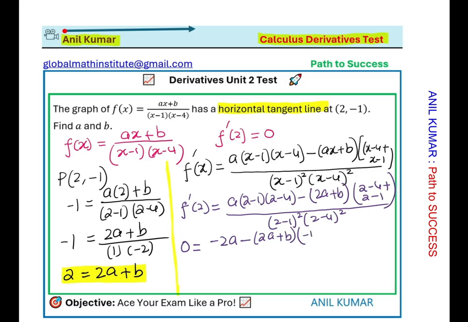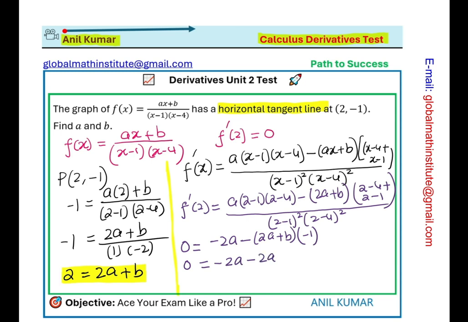So let's open this bracket to find our equation. So minus 2a minus 2a, and this minus makes it plus, and we get the value of b here, which is plus b. So minus 2a plus 2a is 0, so b equals 0.